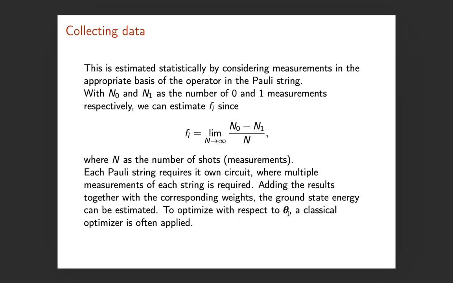And then to optimize with respect to theta, you often use a classical optimizer. So what we are going to look at now first is how we can implement this for a 1 qubit case. So keep in mind that the codes which we have set up are only setting up the gradients numerically, using the applied functions for doing so in any of the classical optimizers which you would call.